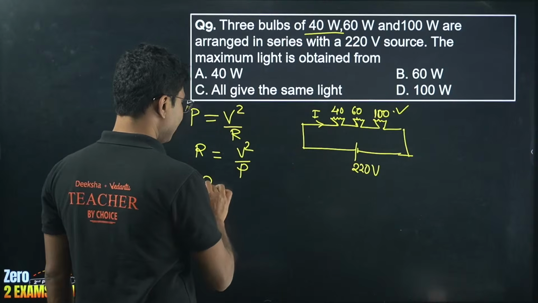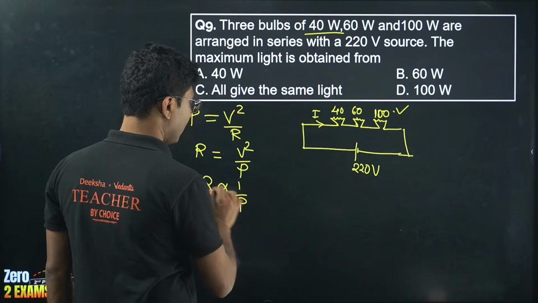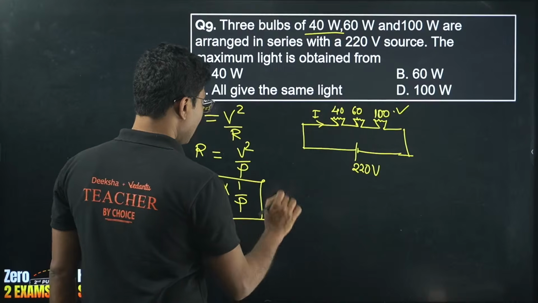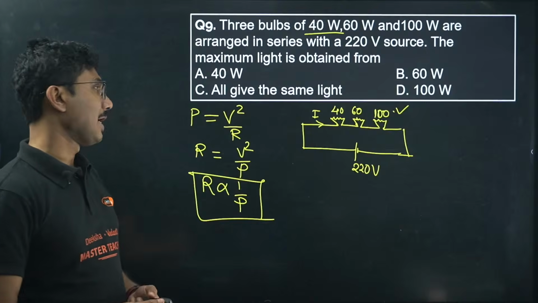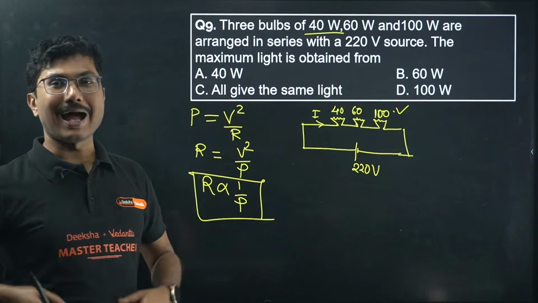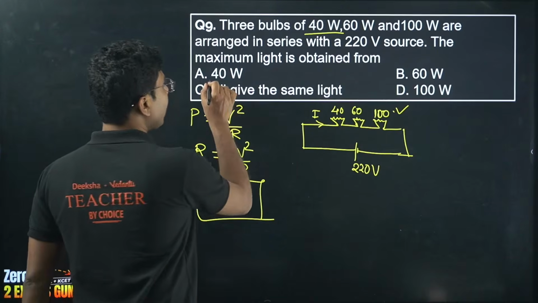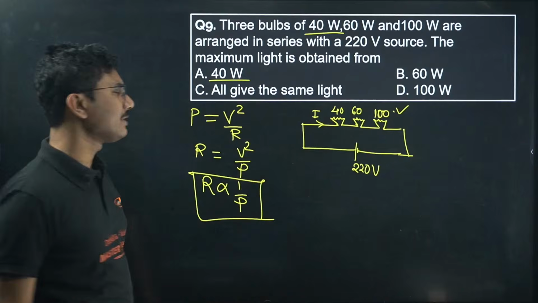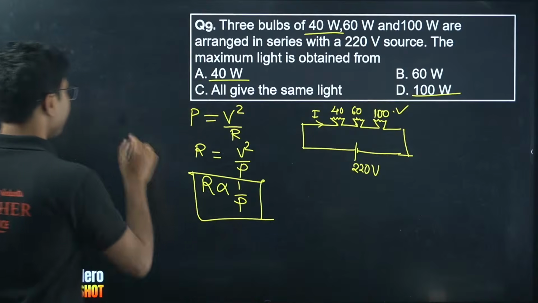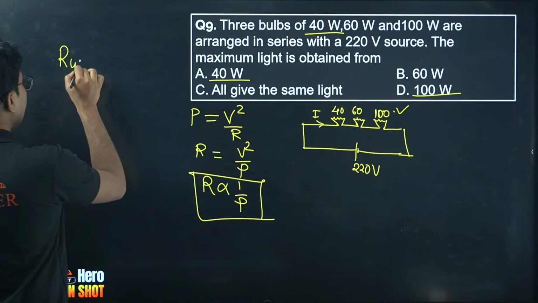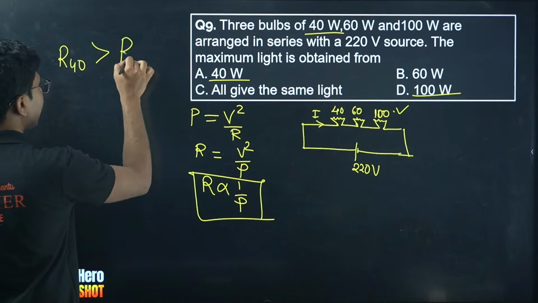So resistance is inversely proportional to power. Higher the power, smaller is the resistance, and smaller the power, higher is the resistance. So 40 watt will have higher resistance compared to 100 watt.